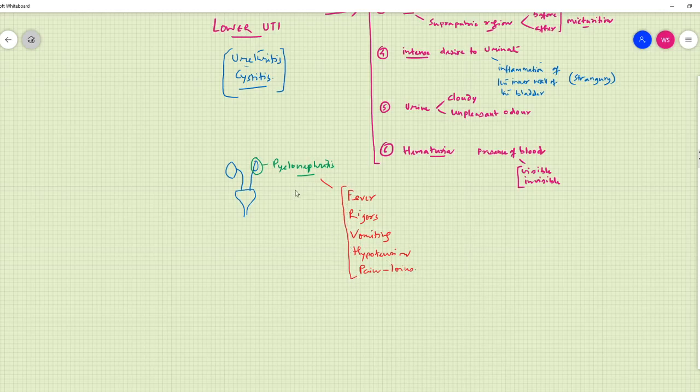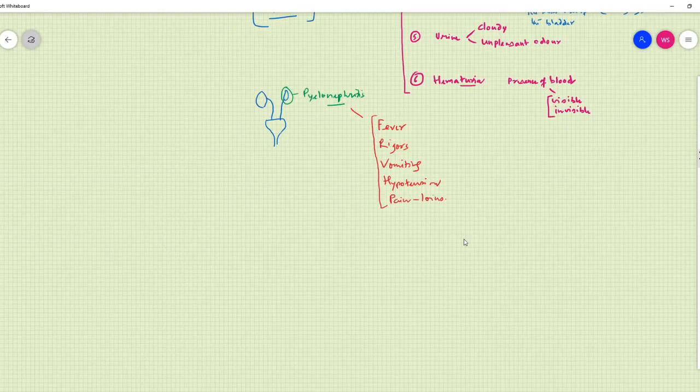So if we take a history accurately, we can distinguish between pyelonephritis and urethritis or cystitis. So usually pyelonephritis presents in that way.